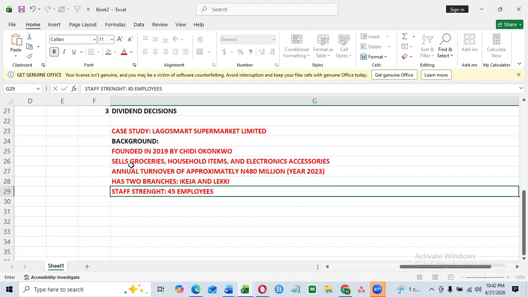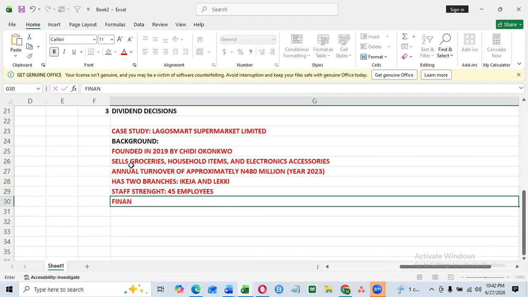We are also told the financial mix: the company is financed through a mix of owners' equity and a 30 million naira bank loan from Access Bank.